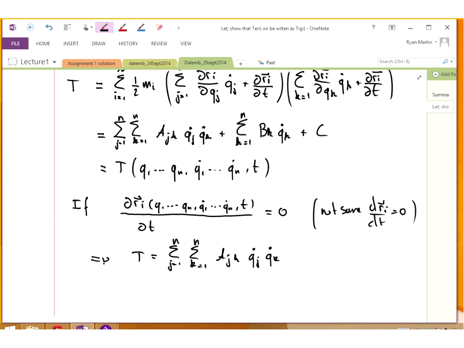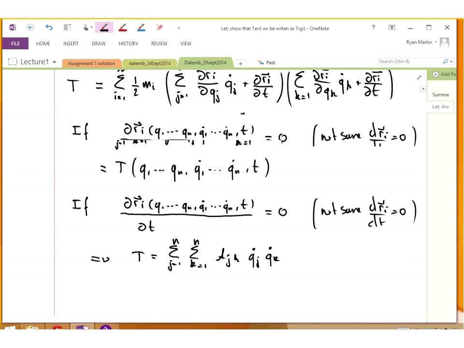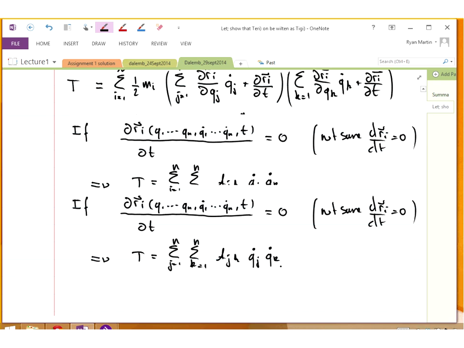So for example, in Cartesian coordinates, where we have q1 is equal to x, q2 is equal to y, q3 is equal to z, the kinetic energy T of a particle is a half m times x dot squared plus y dot squared plus z dot squared.